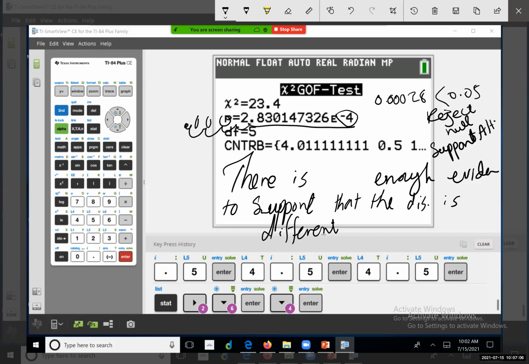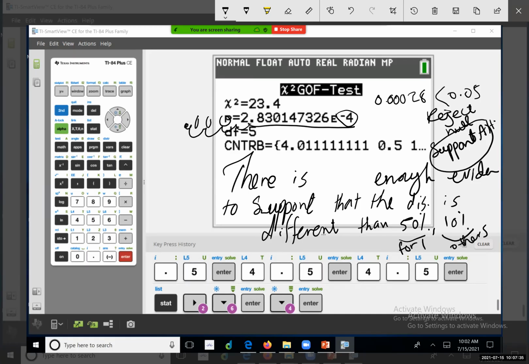There is enough evidence to support that the distribution is different than 50% for one and 10% for the others.